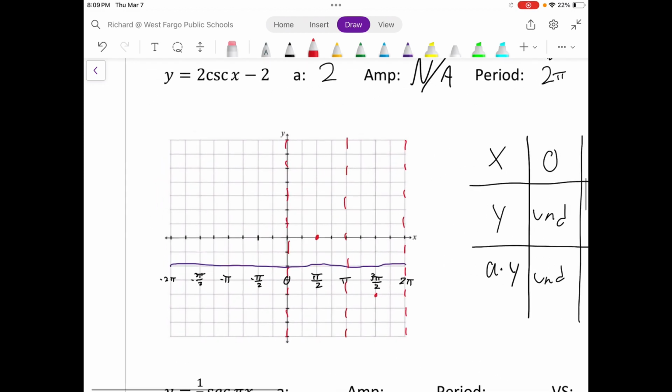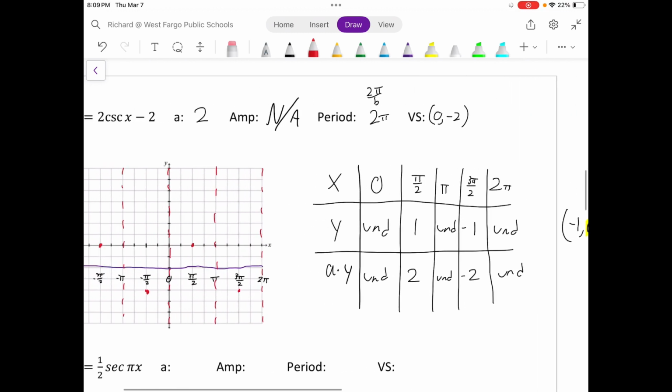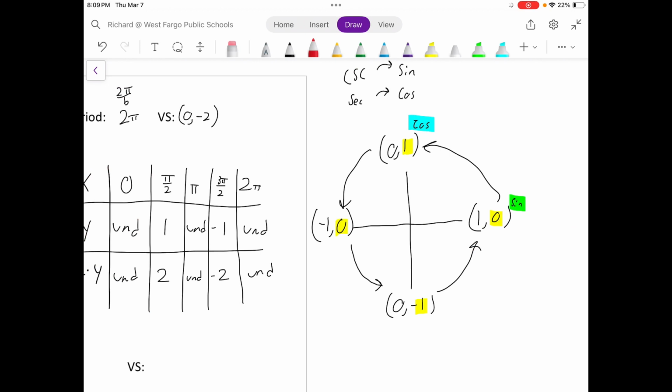Now this pattern carries over to the other side of the graph. Our negative pi over 2 will not match our pi over 2 because, if you remember, our starting point is at 0. So if we go backwards, we will hit -1.